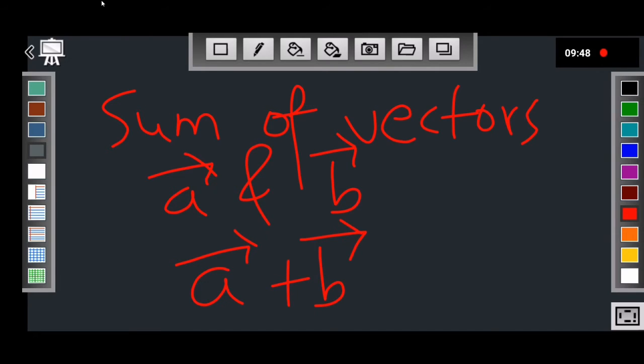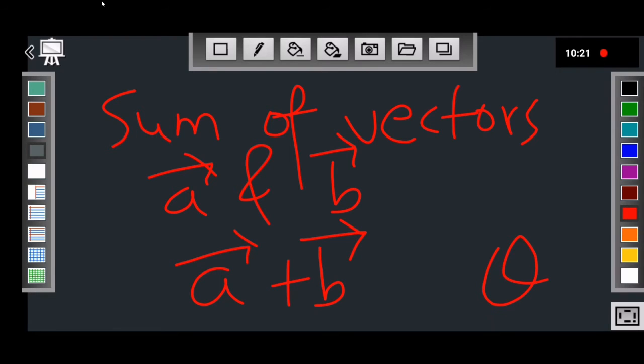Suppose the angle between those two vectors is theta. What will be the result of this? First of all, the sum of two vectors is also a vector. That means a vector is obtained by adding A vector and B vector, so the resultant of the addition is also a vector.